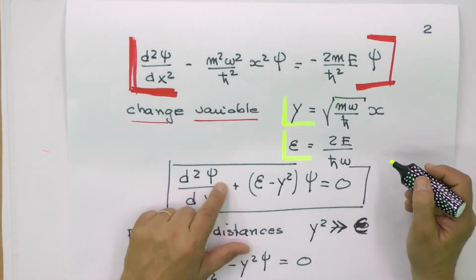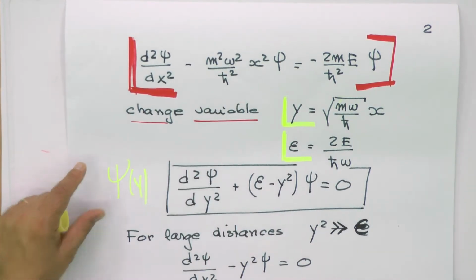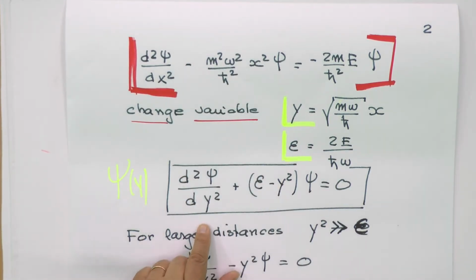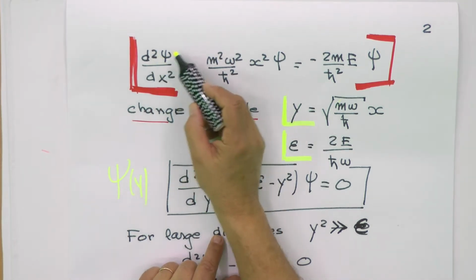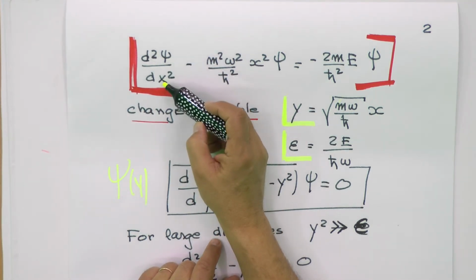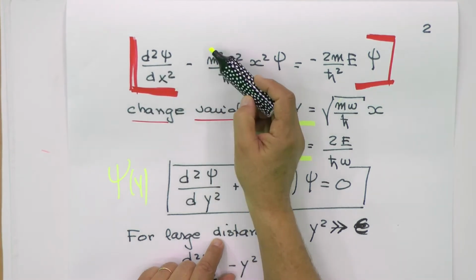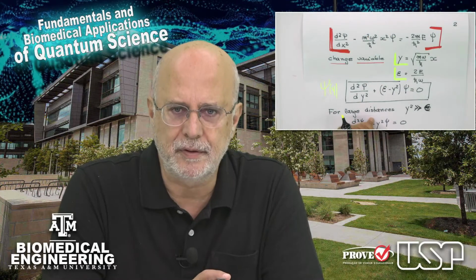So when you make the change, we just need to substitute, in the place of the function. That function will now be dependent on y. And for the equation, we just make the change of variable. We can do this in many different ways. So if you want to express d psi dx, this is equal to d psi dy times dy dx. That's how we make the change of variables, right?